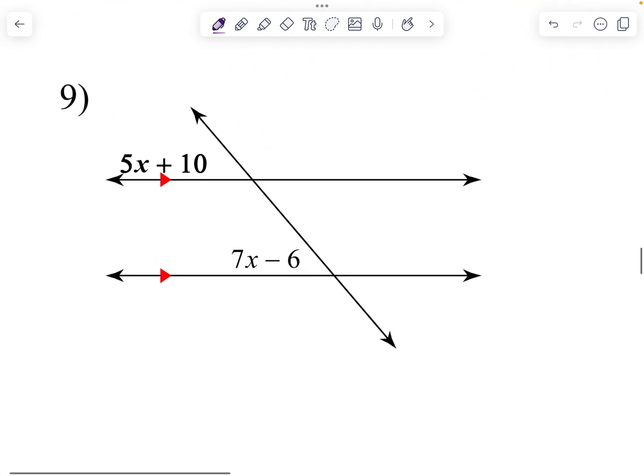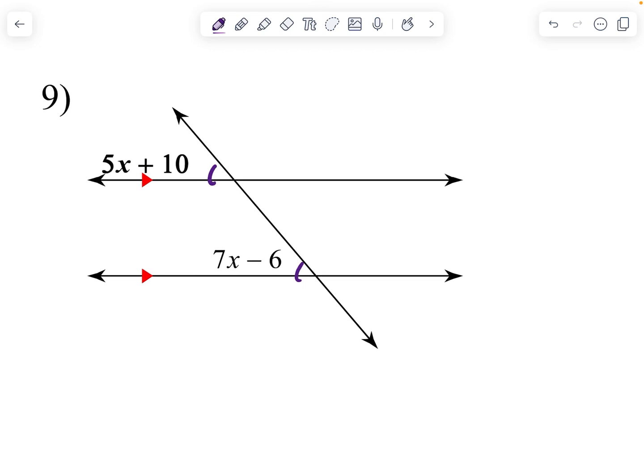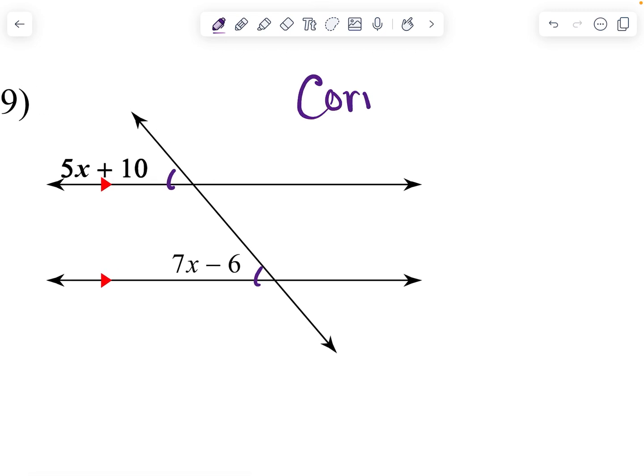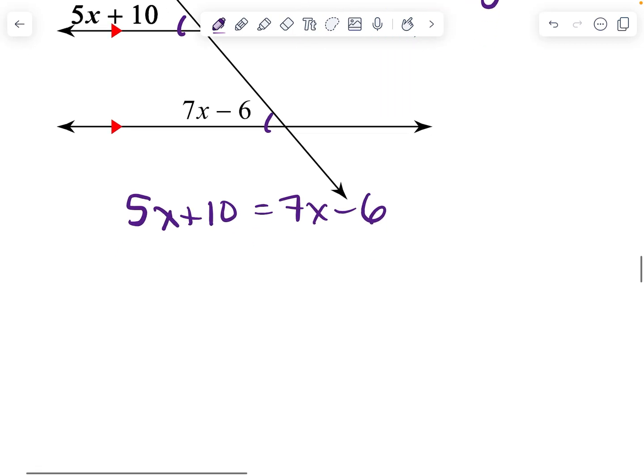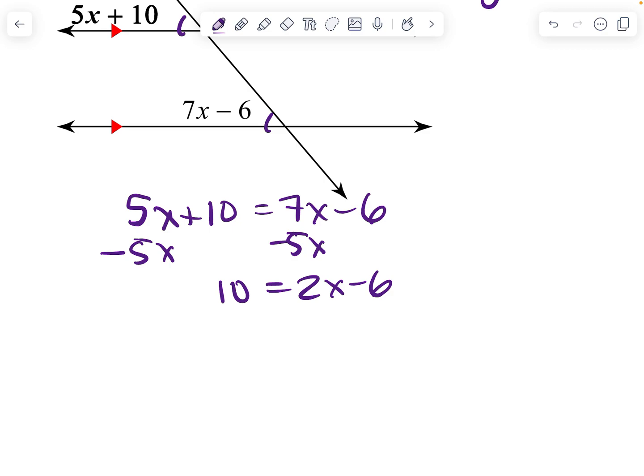Okay. This angle right here is in the top left. This one's in the top left. That means these are corresponding angles. Corresponding angles are equal to each other. So I'm going to subtract 5x, subtract 5x. 10 equals 2x minus 6.